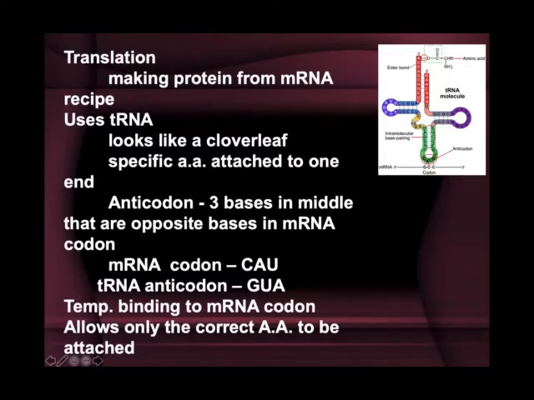As you can see, if the codon is G, then the anticodon opposite that is going to be C. And C is going to be opposite G, and then another C is going to have another G. So only a particular amino acid attached to this particular piece of tRNA with this particular anticodon can bind in here the way it's supposed to. It's a crucial thing to make sure that the right amino acid is attached to the right spot in the protein.